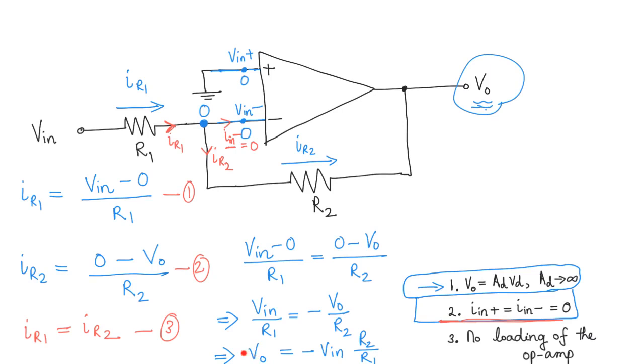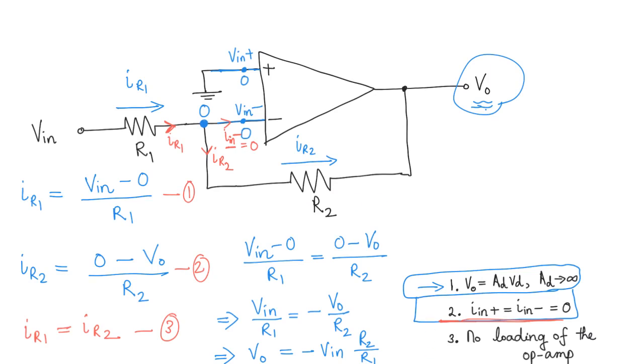And therefore, our starting assumption is met. And what is the output going to be in terms of the input? It's going to be minus R2 over R1.